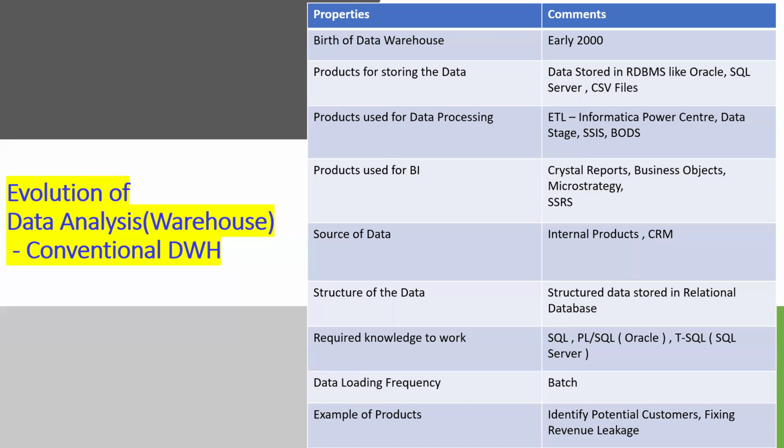But most of this data was only structured data in databases. Databases were very popular between the 1990s and 2000. From 2000 to 2010, the majority of companies started building enterprise level data warehouses, but this was specific to structured data.